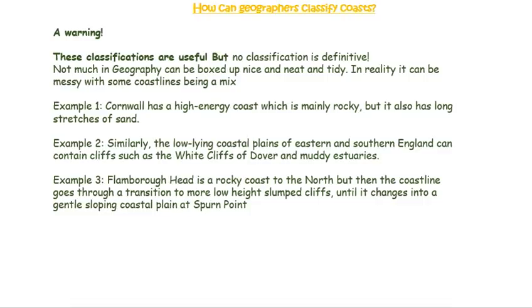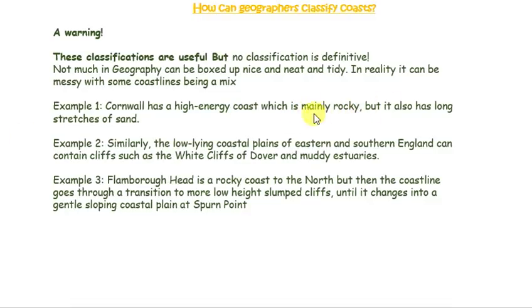You can find stretches of coast that are very mixed, and you'll go from steep, tall cliffs to coastal plains, back to steep, tall cliffs, and you might be scratching your head a little bit. So a couple of examples just to demonstrate that. Cornwall in general is a high energy coast because it's exposed to the Atlantic Ocean.